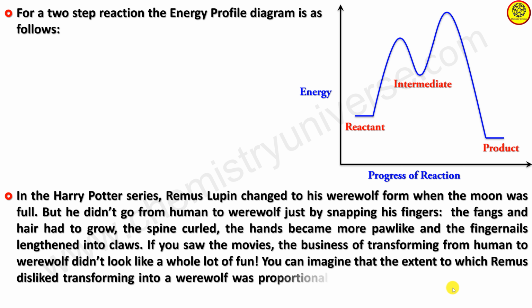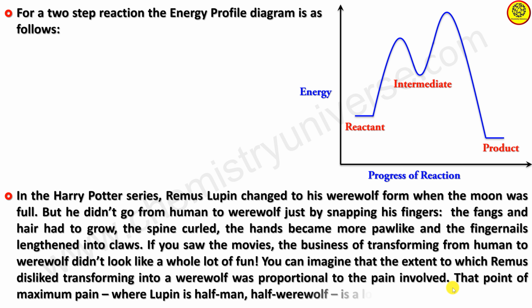If you see the movies, the business of transforming from human to werewolf didn't look like a whole lot of fun. You can imagine that the extent to which Remus disliked transforming into a werewolf was proportional to the pain involved. That point of maximum pain, maximum energy, where Lupin is half human and half werewolf, is a lot like a transition state, and this is known as transition state.